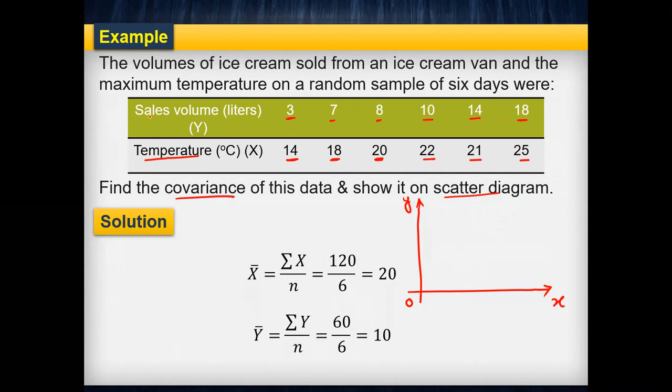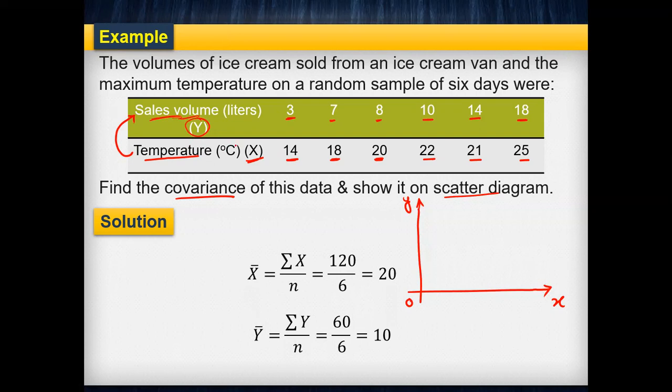Sales cannot change the temperature, but temperature can change the sales. Temperature is a natural phenomenon. We cannot control the temperature, so temperature will be considered the independent variable, and sales will be considered the dependent variable.